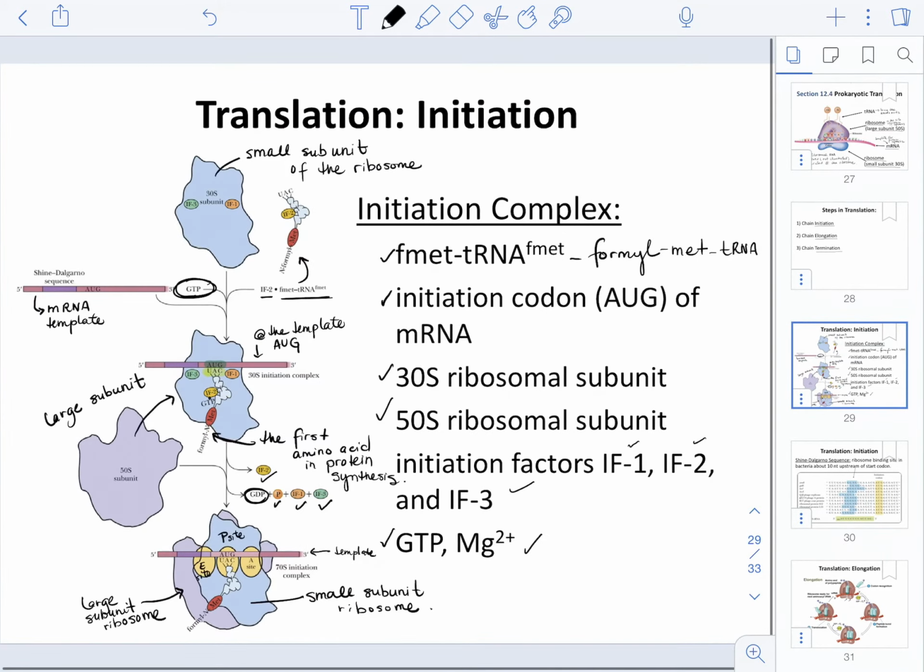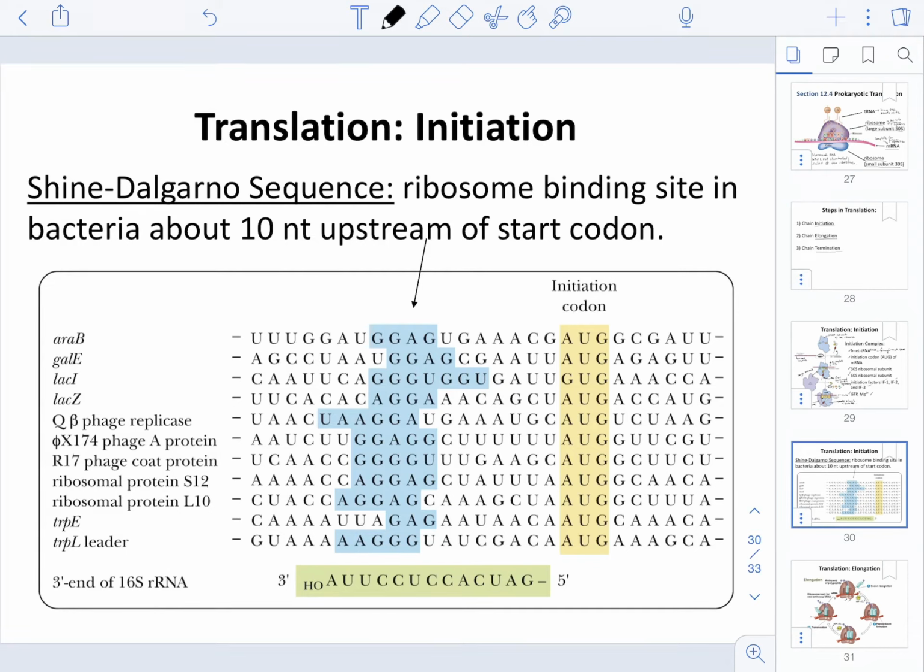To talk more specifically about what a Shine-Dalgarno sequence is, this is the ribosome binding site in bacteria. It is about 10 nucleotides upstream of the start codon, so on average, this is going to be negative 10 base pairs. This region is conserved throughout evolution, so that's why you see this blue region identifying that different bacteria have this Shine-Dalgarno sequence.